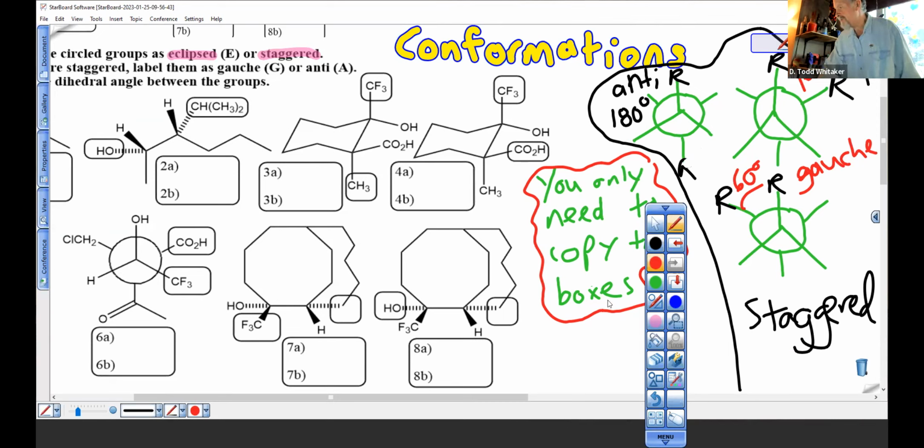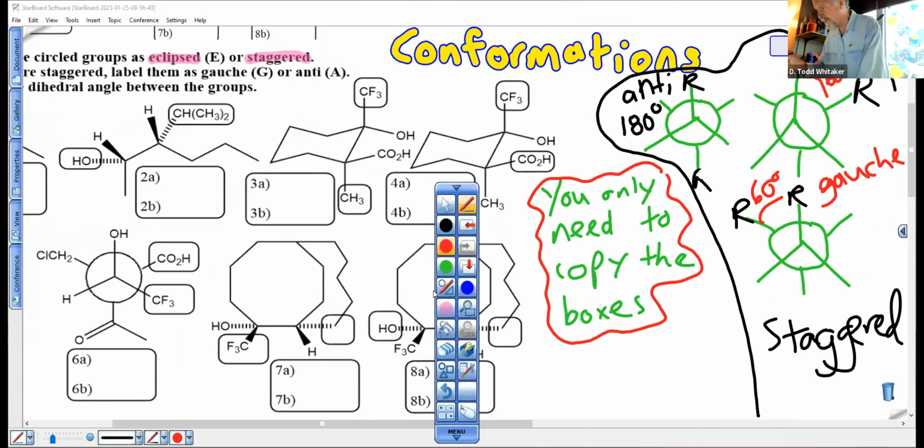And since we're doing a brief intro, let's just do a quick look at eclipsed. Front carbon and back carbon. You've rotated the carbons. It's not a very good drawing there.